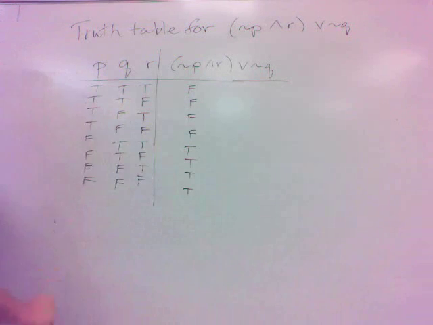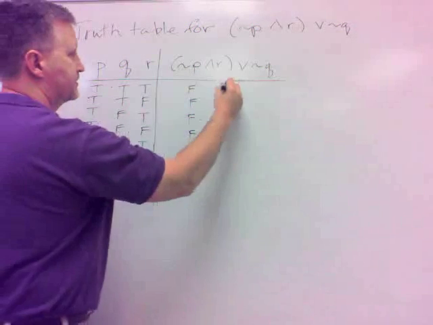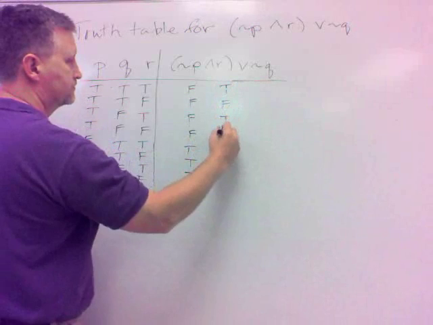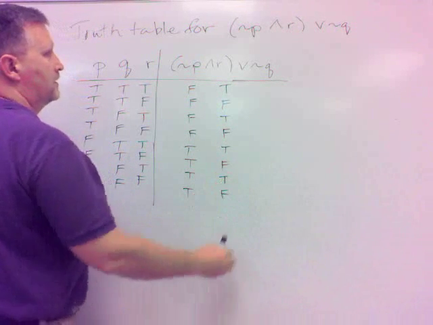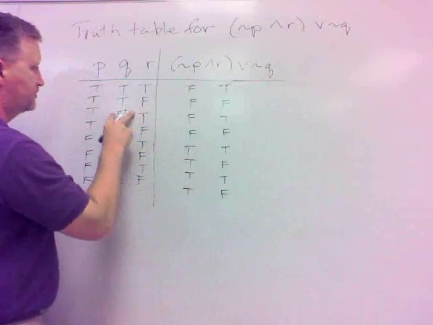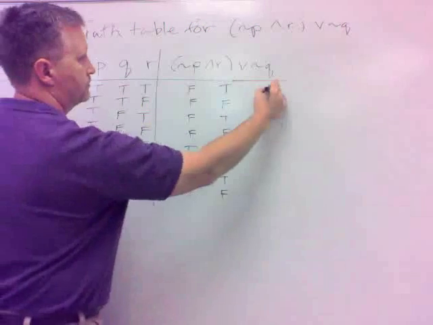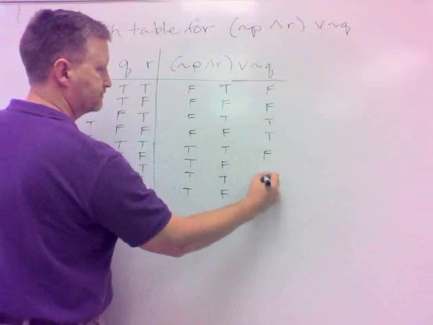Opposite of this one. R is just a copy of the R column, so that's true, false, all the way down. And then not Q is opposite of the Q, so that would be 2 falses, 2 truths, and then 2 falses and 2 truths.